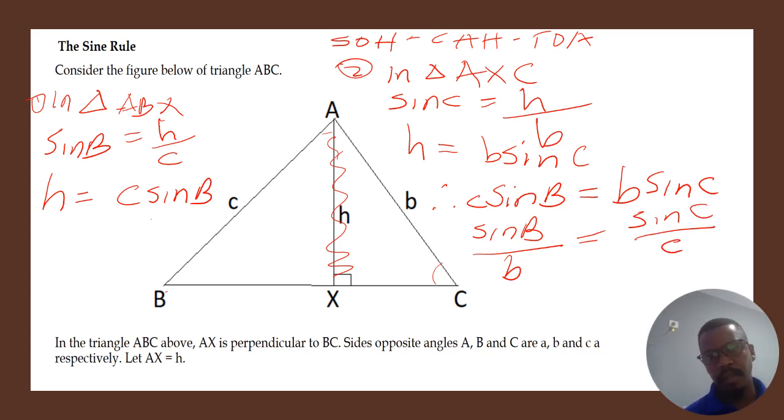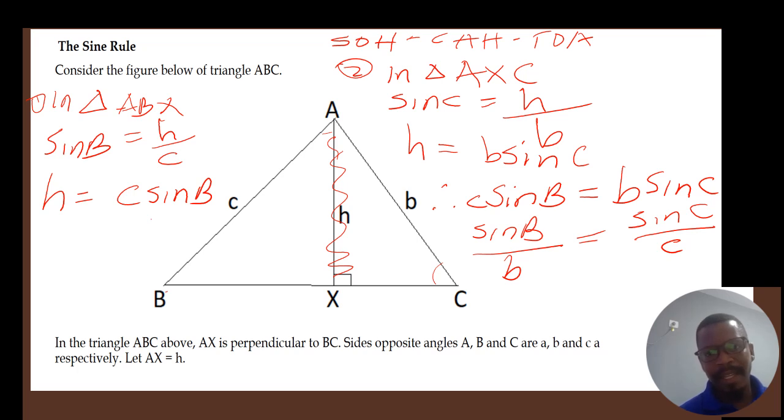So by doing this, if you know angle B and its side, and you know angle C, and you don't know that side, by following what we have done here, we have now almost derived the whole sine rule.